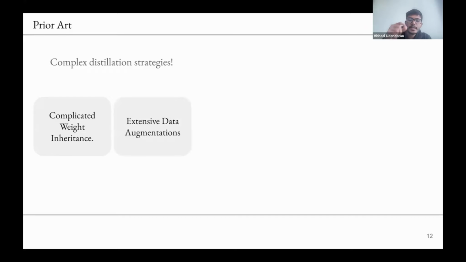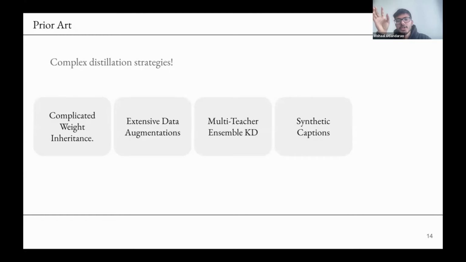Extensive data augmentation is quite standard, but heavily engineered. People are trying to do multi-teacher ensemble distillation. So you have not one teacher, but an ensemble of teachers, all of which you have to try to balance and so on. People are exploring using the larger teacher model to generate synthetic captions, etc.